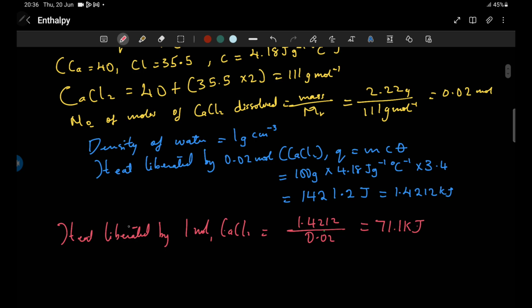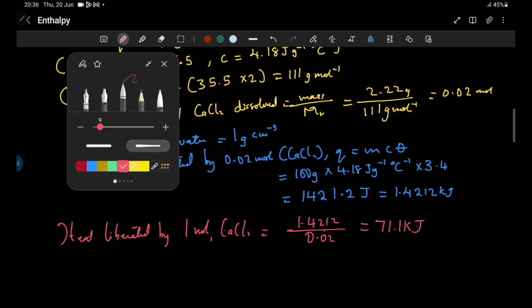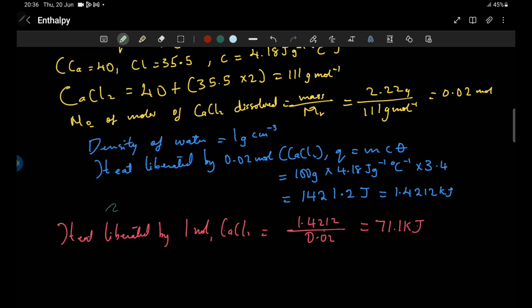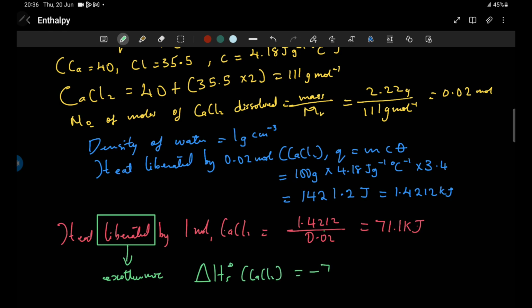Take note, heat liberated. What does this imply? Exothermic. Alright, so the heat of solution for calcium chloride here is minus 71.1 kJ per mole.